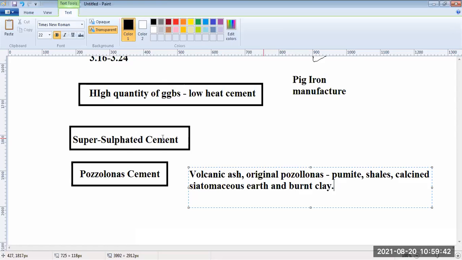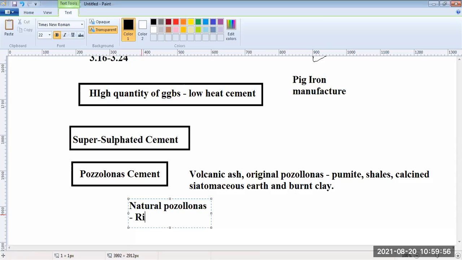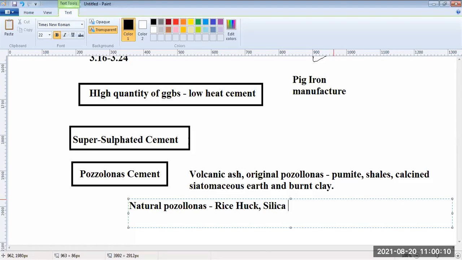And what about the natural? These are the original pozzolanas. The natural pozzolanas you could get from vegetative materials or rice husk. Then I discussed the siliceous materials, which could be metakaolin and siliceous clay.